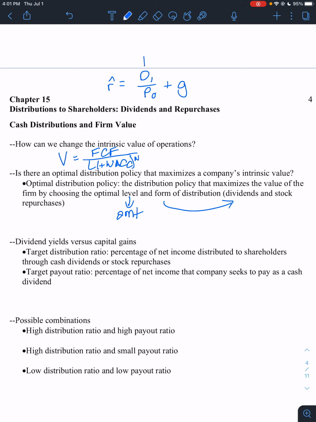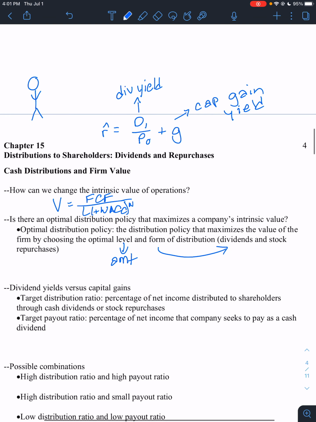Where this guy is my dividend yield and this guy is my capital gain yield. And it comes to this idea that as the investor, I can earn a return in 2 ways from a stock. I can earn some of it from the dividend yield and some of it from the capital gain yield.